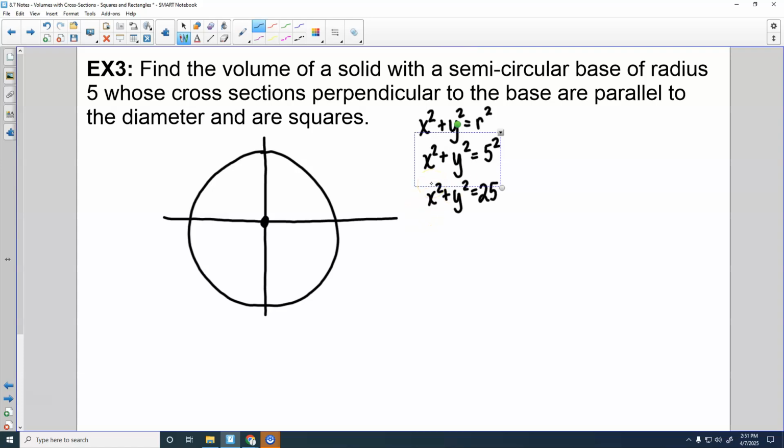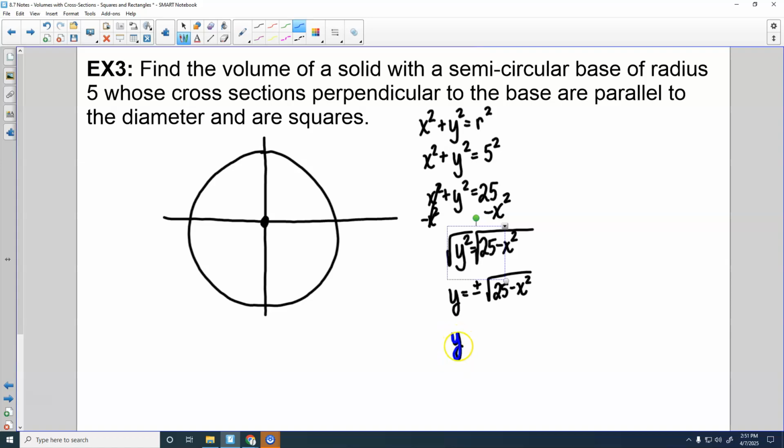If I'm solving for y, yeah, I'll subtract that x squared. So I get y squared equals 25 minus x squared. And then what would I need to do, Tyler? Good. And when I square root both sides, what do I need? Plus or minus the square root of 25 minus x squared. When you do this, that's really two separate equations.